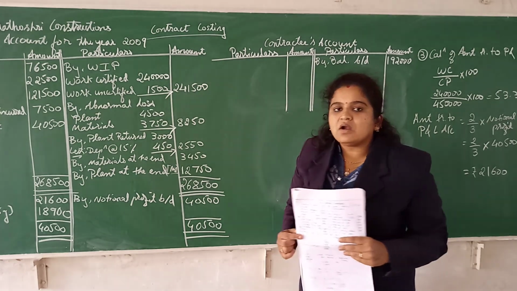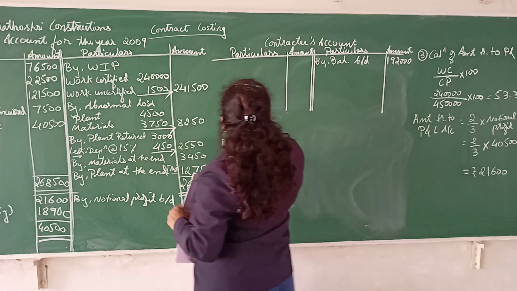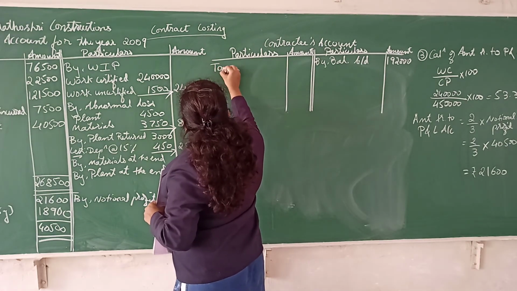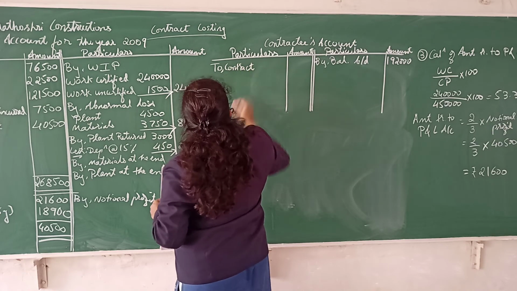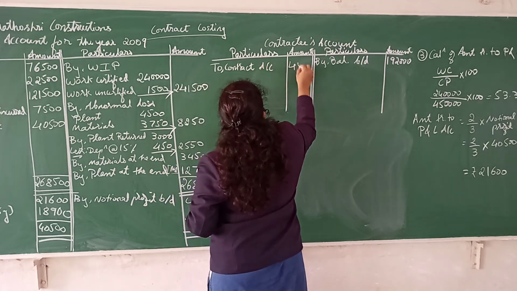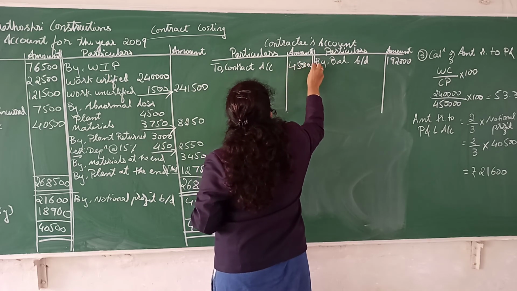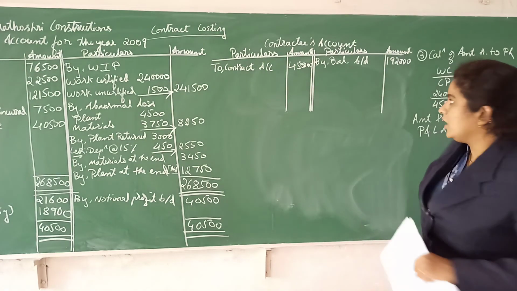Okay. Now, contract price is fixed for 4,50,000. So, debit side to contract account 4,50,000.